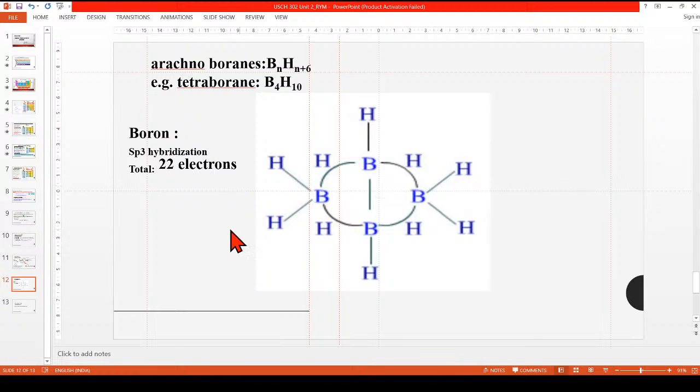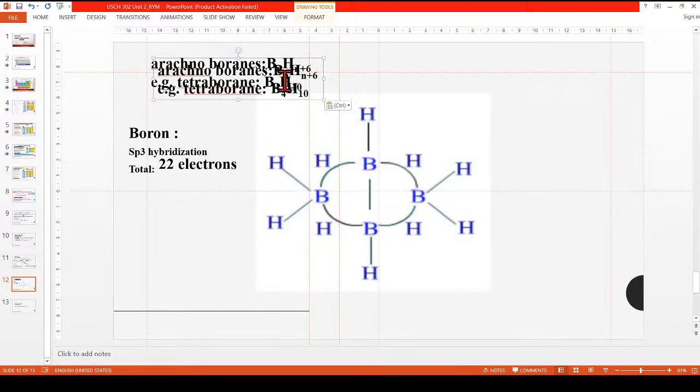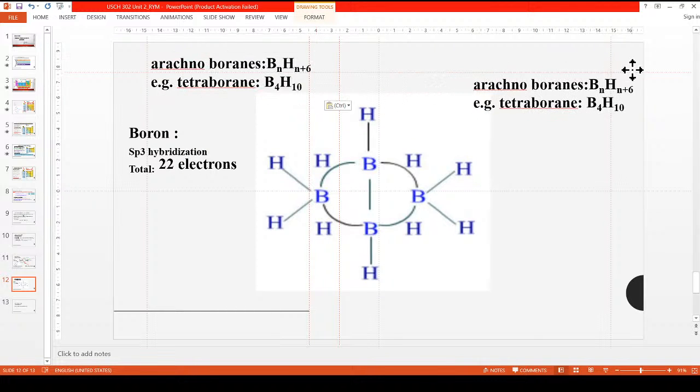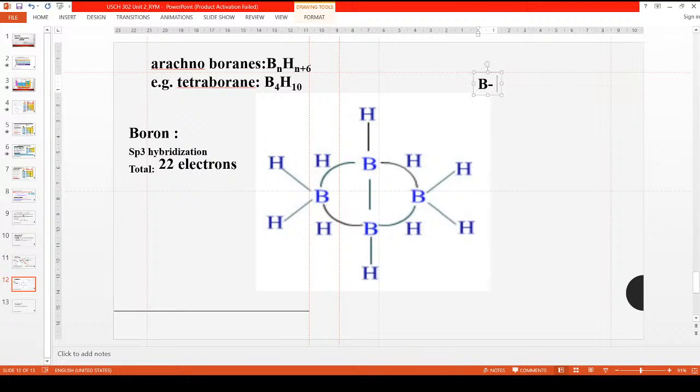So in bonding, there is one boron-boron bond, so the number of electrons involved is 2 electrons.